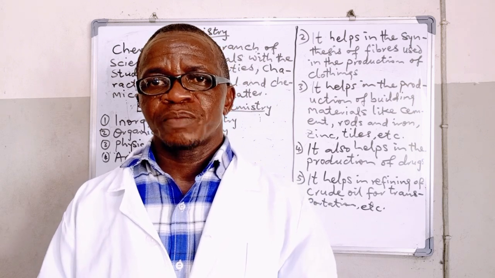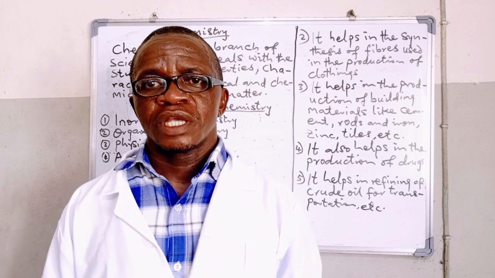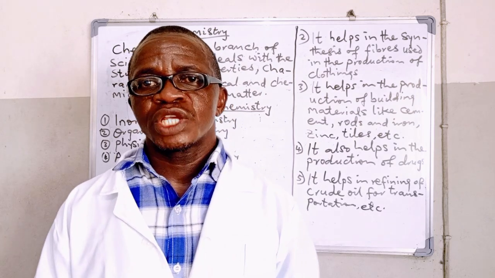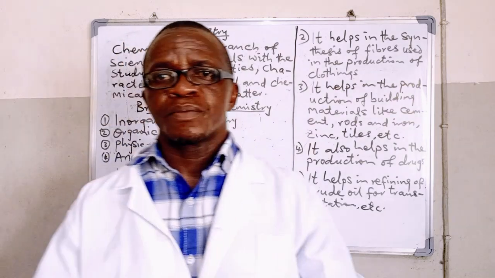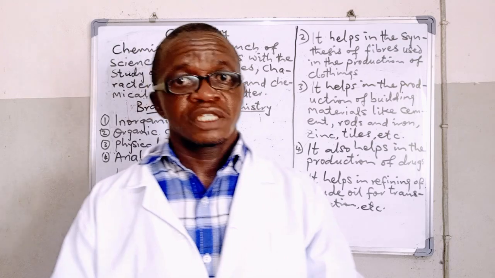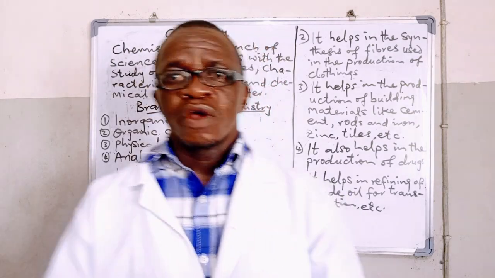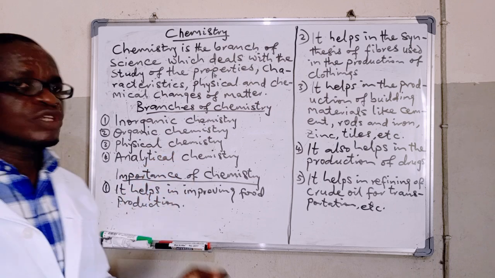Those are the aspects of chemistry that inorganic chemistry will be dealing with, while organic chemistry will be dealing with substances that are from animals or plants. That's substances from living things. Number three here is physical chemistry.